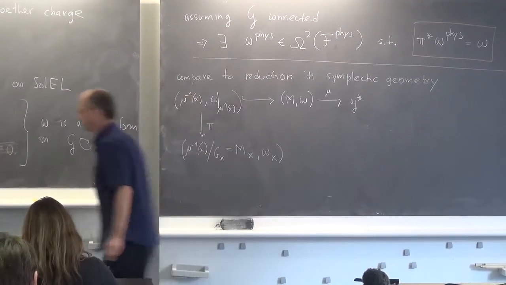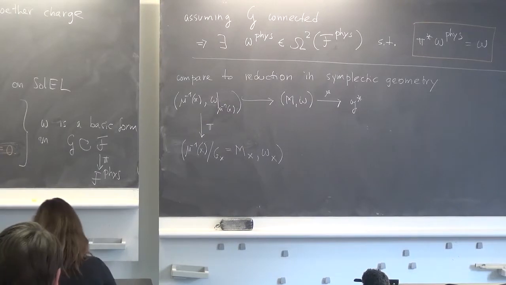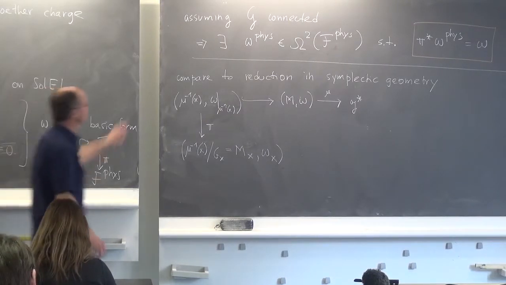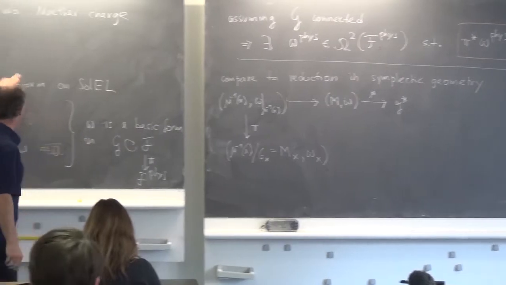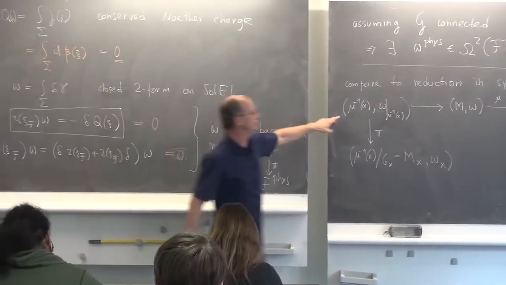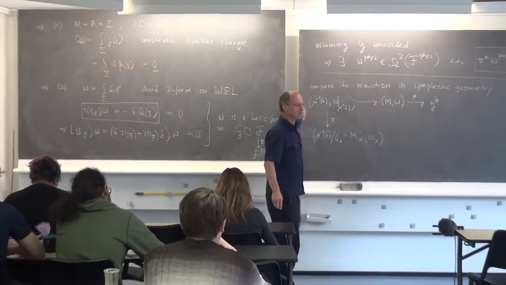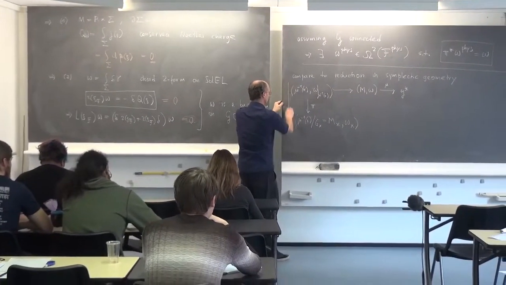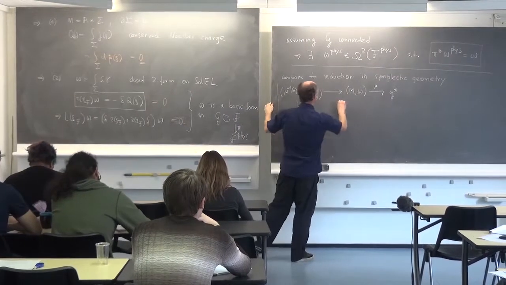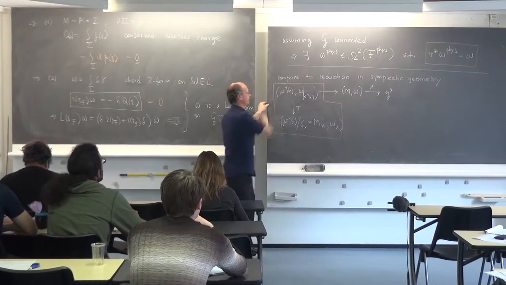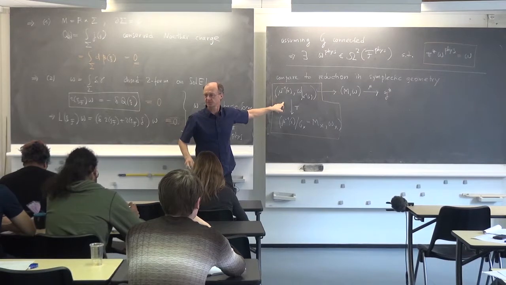Now, how does this situation in gauge theory look in comparison to what we have here? In principle, it looks like this fragment of the picture, right?